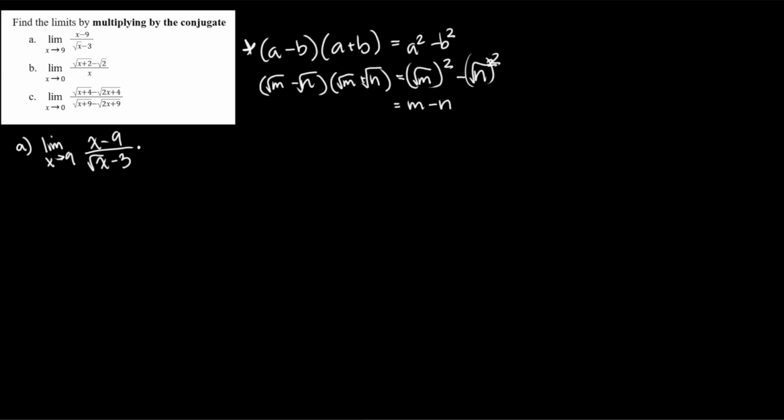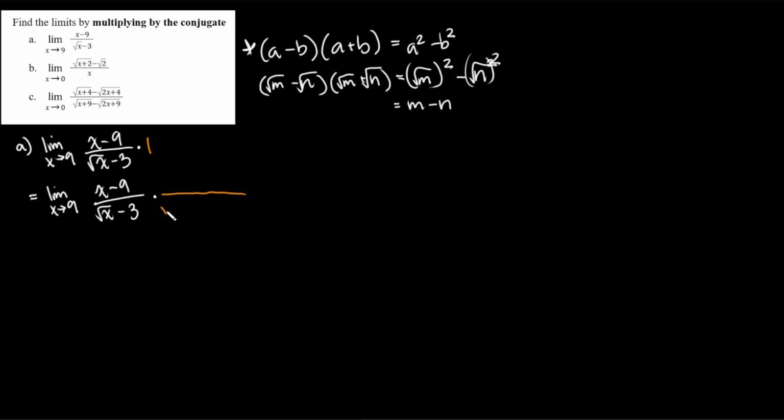Because if you did this, it doesn't change the answer. And so we can rewrite this as the limit as x goes to 9 of x minus 9, and this is kind of troubling, so we can multiply it instead by a form of 1.